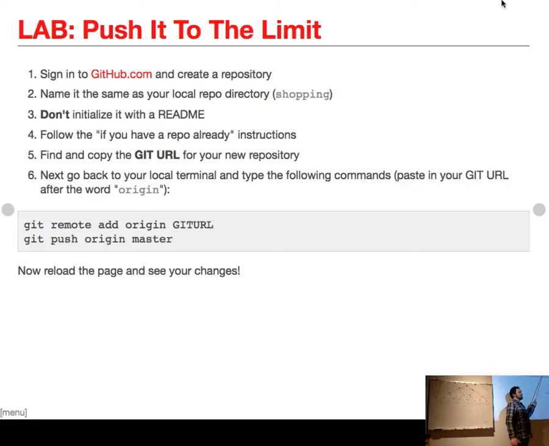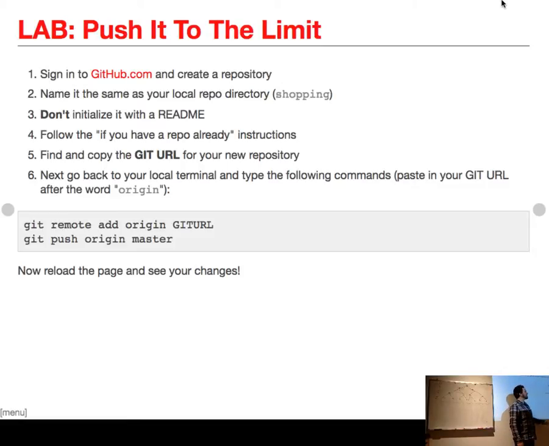And I'll try to show you how to do this if I can. We're going to name that repository shopping. Okay. We do not want to initialize that repository with a README. When it asks us on the following screen after you create the repository, do you want to initialize it with a README? Do not do that.